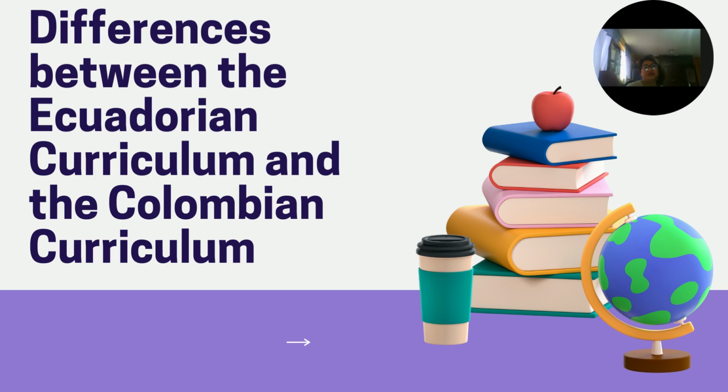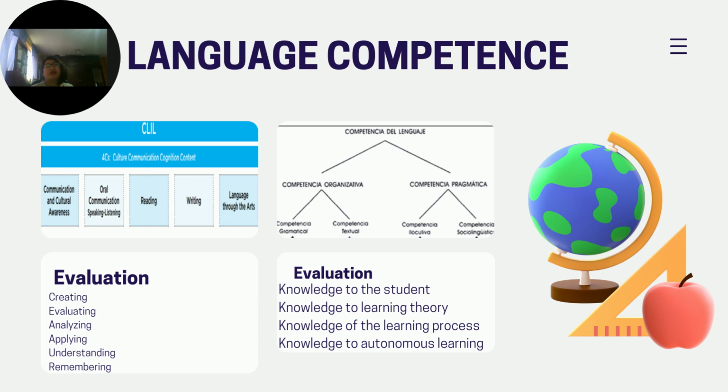The difference between the Ecuadorian curriculum and the Colombian curriculum. In the Ecuadorian curriculum and the Colombian curriculum, there are different language competences. In the Ecuadorian curriculum, the CLIL is the aspect that contains the curriculum. There are communication and cultural awareness, oral communication, speaking, listening, reading, writing, and the language of the arts.